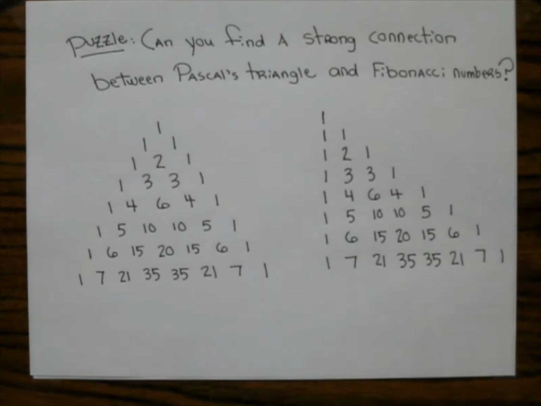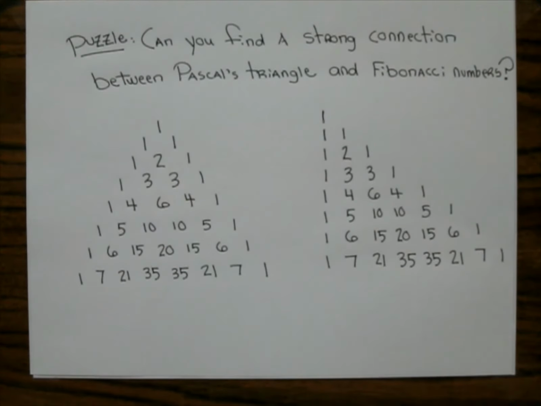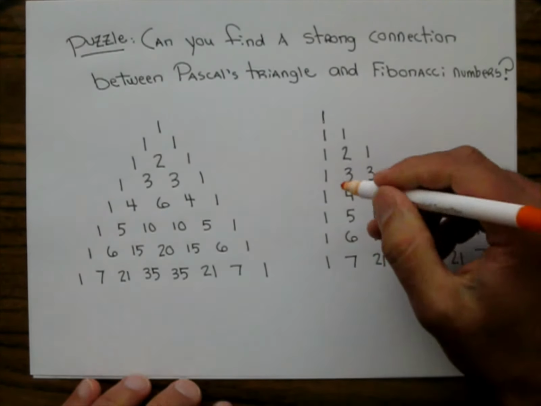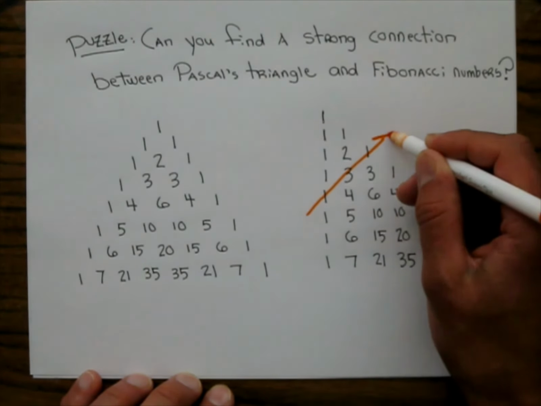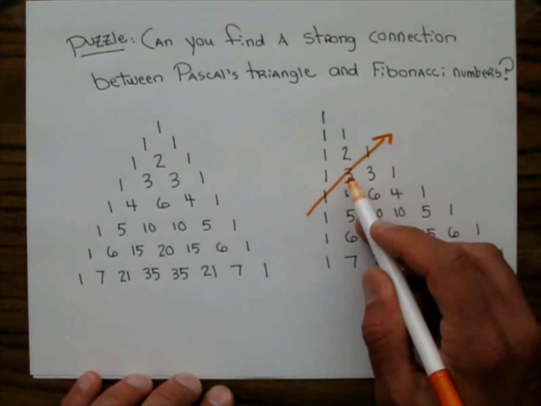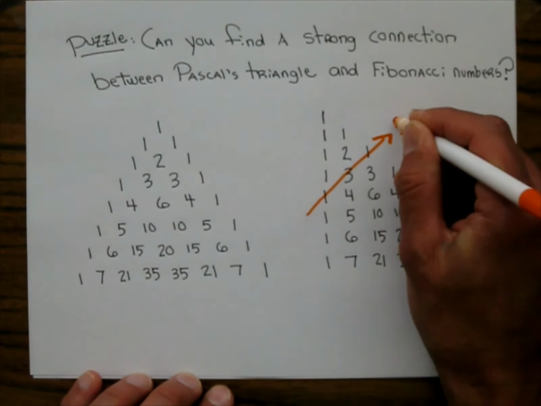Okay, so where do we see the Fibonacci numbers? Let's take a look at them. If you look at the diagonals, so look at this diagonal right here. That adds up to 1, 2, 3, 4, 5.